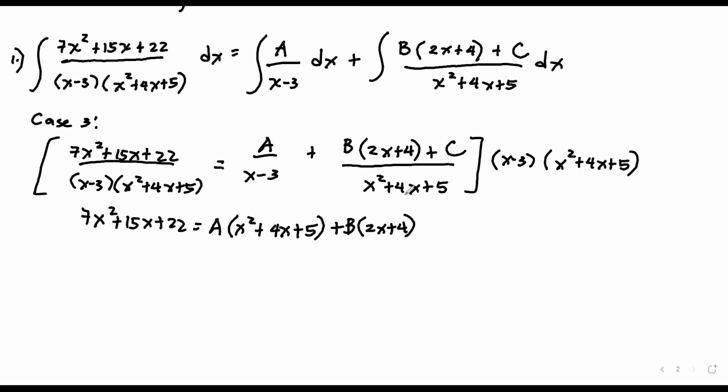May matitira pa ditong x minus 3 plus c x minus 3. Okay, so again, this one divide by this, may matitirang x minus 3. So x minus 3, imumultiply natin dito pareho, right? So dapat meron ditong bracket. Clear? Be careful kasi pag hindi natin nilagyan ng bracket, iba yung sagot.